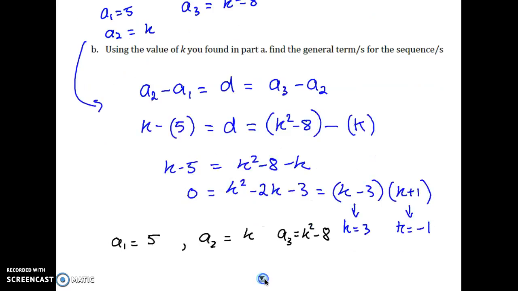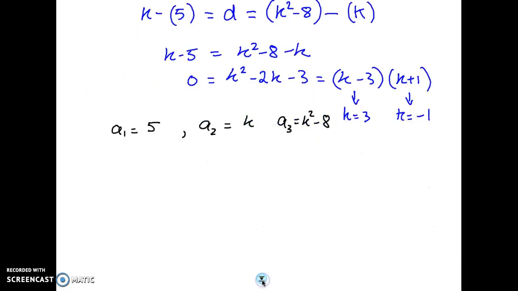And if we now go ahead and have a look at the 2 sequences that are generated, a reminder here about the first term, second term, the third term. When k is equal to 3, our sequence becomes 5, 3, and 3 squared minus 8 is really 1.